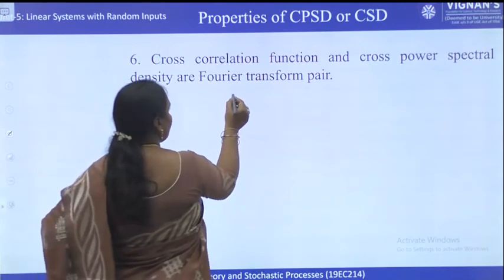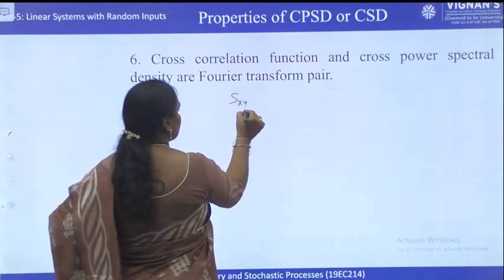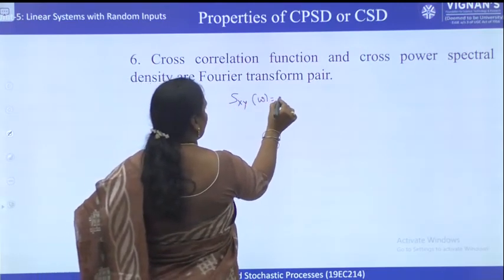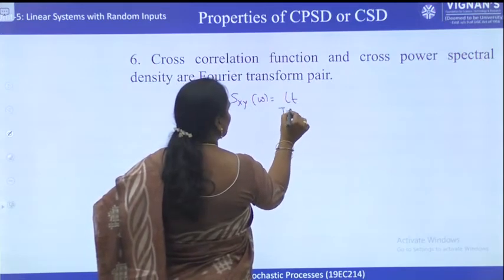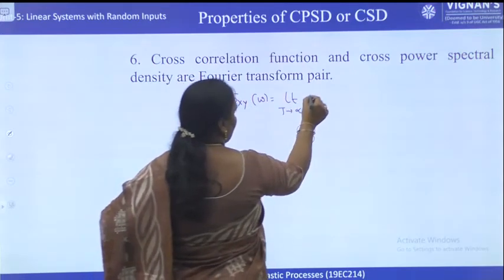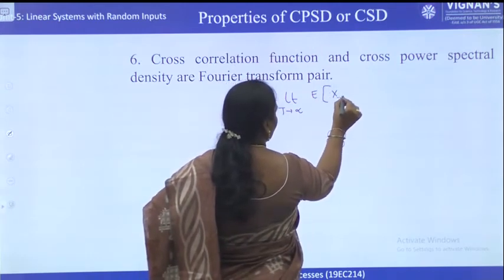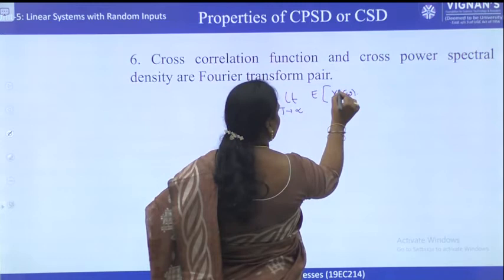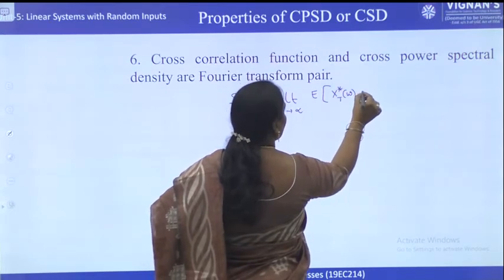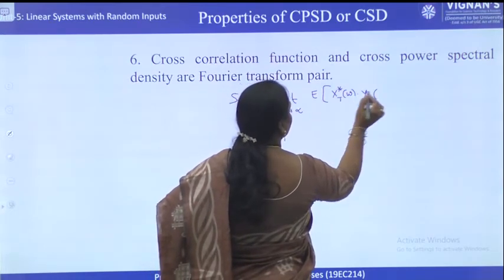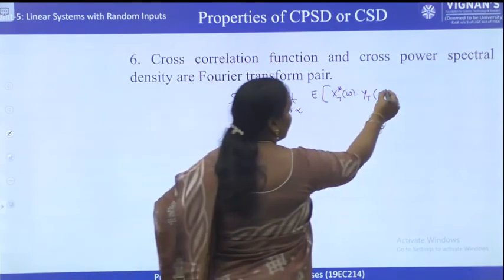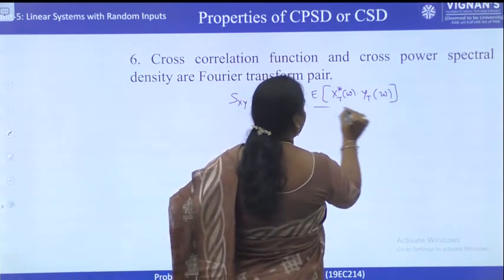The other way of defining the cross power spectral density is limit T tends to infinity, expectation of X T star of omega into Y T of omega by 2T.